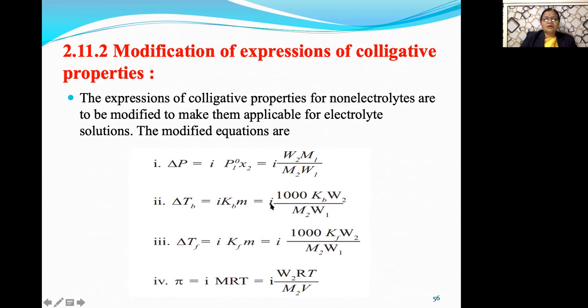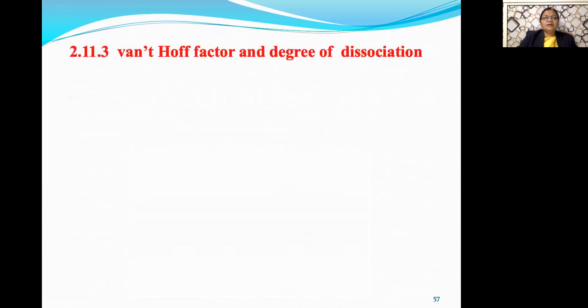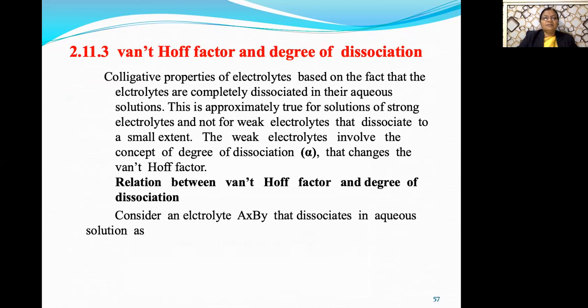Here also, i into 1000 into Kb into W2 upon W1M2. Similarly, for the remaining two colligative properties, that is depression in freezing point and osmotic pressure. So while solving the numericals, you have to use the different relations depending upon the type of numerical.